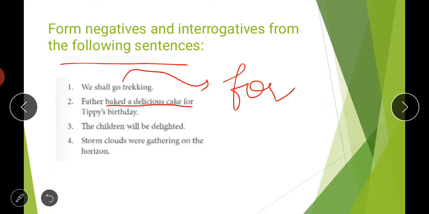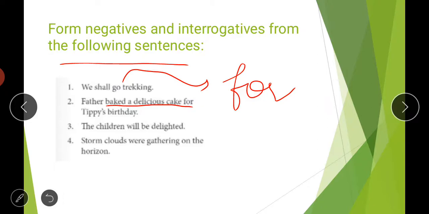How? Look at the sentence: father baked a delicious cake for Tippy's birthday. We are not talking about the present, we are talking about the past. Baked is the past form of the verb. So we will use the helping verb did here.